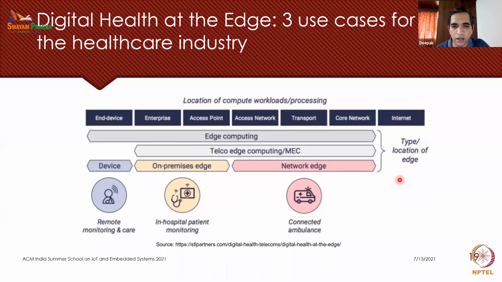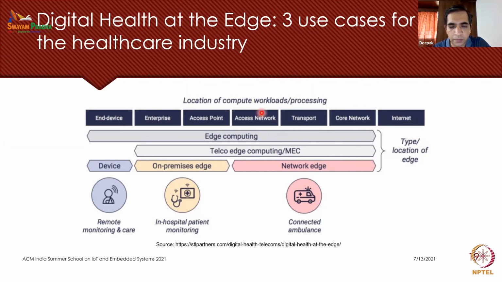So there are different types of edge devices, of course, but it is also important where that edge device is. The location of the edge device is important, and based on that, it does some functionality that is suitable to be executed in such platforms.